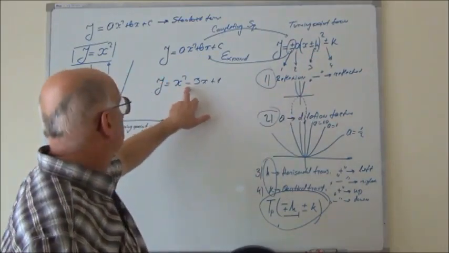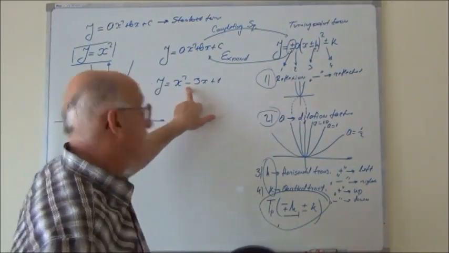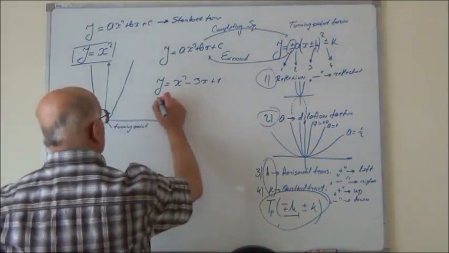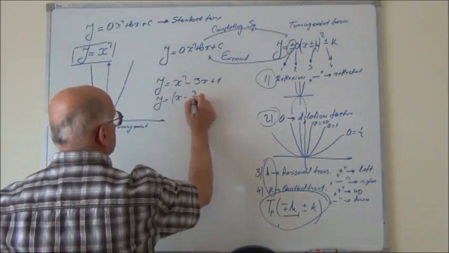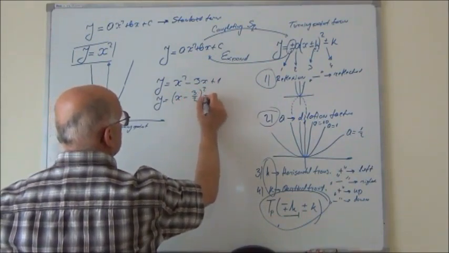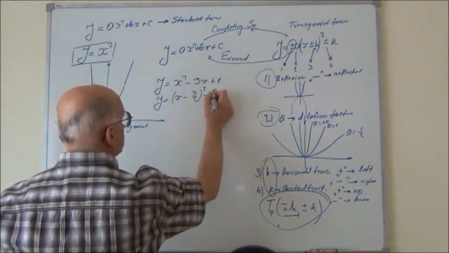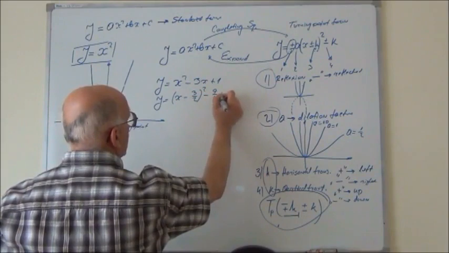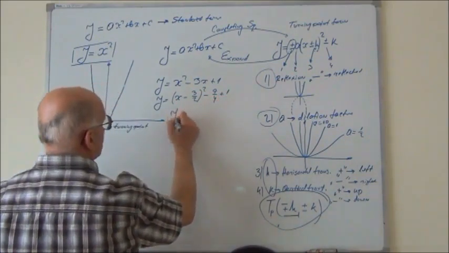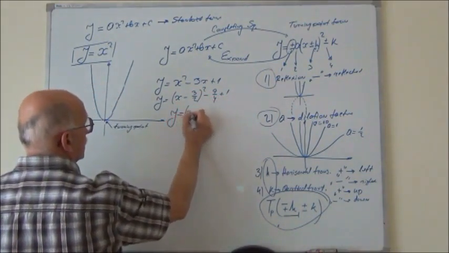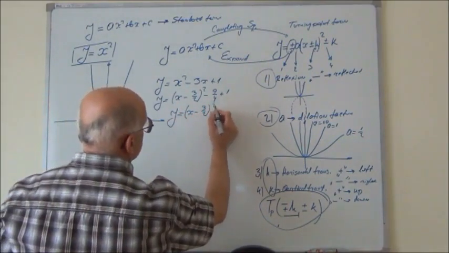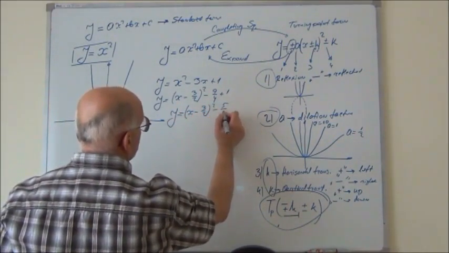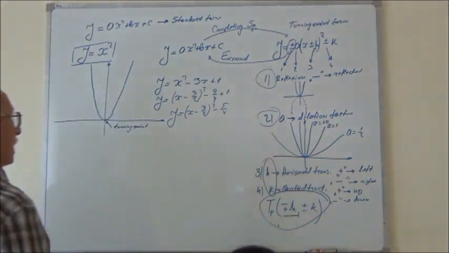To get turning point form, we need to complete the perfect square. Completing the perfect square will be x minus 3 divided by 2, to the power 2, minus (3 on 2) squared, which is 9 on 4, plus 1. So y equals (x minus 3 on 2) squared minus 5 on 4.